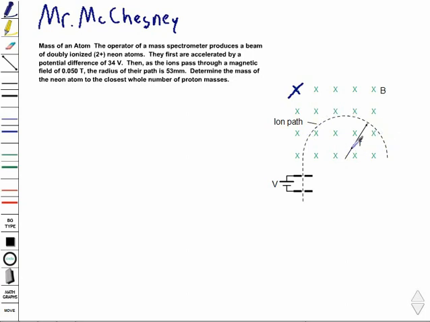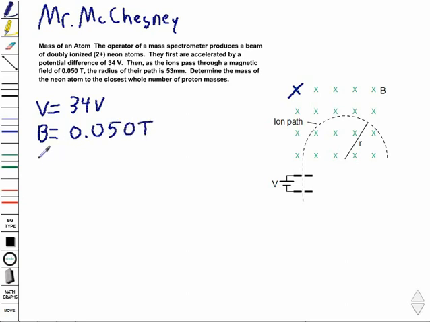Then we have the radius labeled, showing how much the path curves, and the strength of the field shown by the letter B. We've drawn our picture, so now we're going to label everything we know. We've got 34 volts. We've got a magnetic field strength of 0.050 teslas.